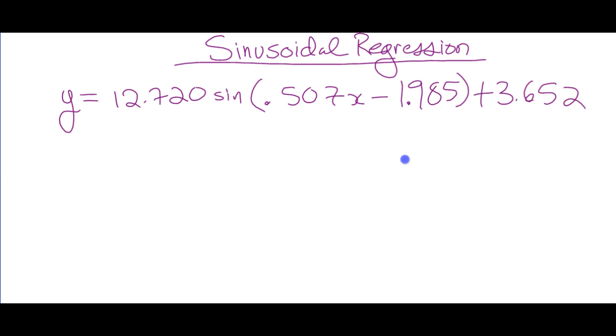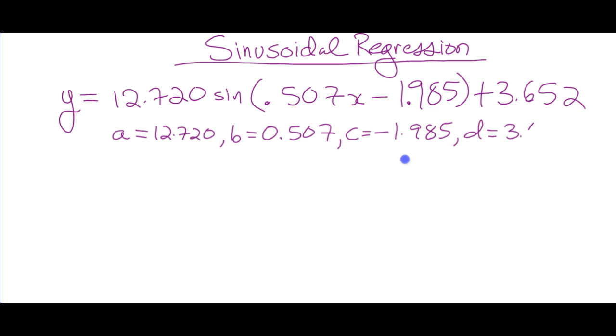Okay, so now we are where we were yesterday. Here's an equation in the form y equals a sine bx plus c plus d. We can write down, right? So a is 12.720, b is 0.507, c is negative 1.985, and d is 3.652.